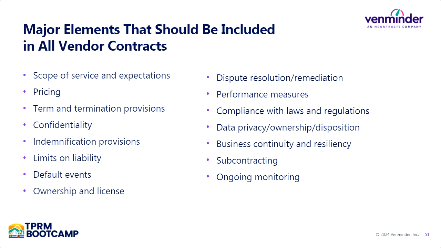So let's dive into a little bit of the details. What you're seeing on this screen are the major elements or provisions that you should find in all of your vendor contracts. Each of these provisions should be clearly outlined so that both parties understand what each party is signing up to.